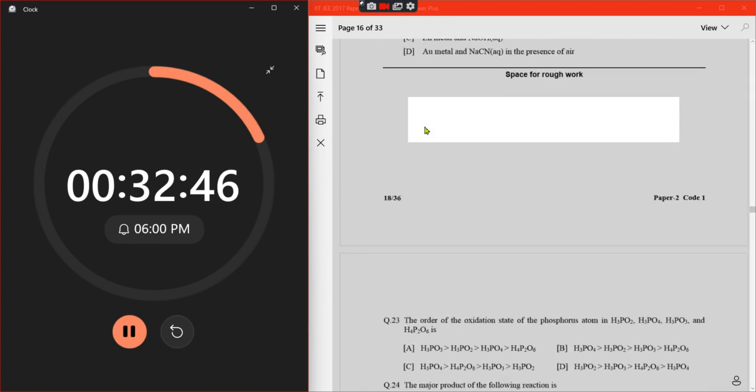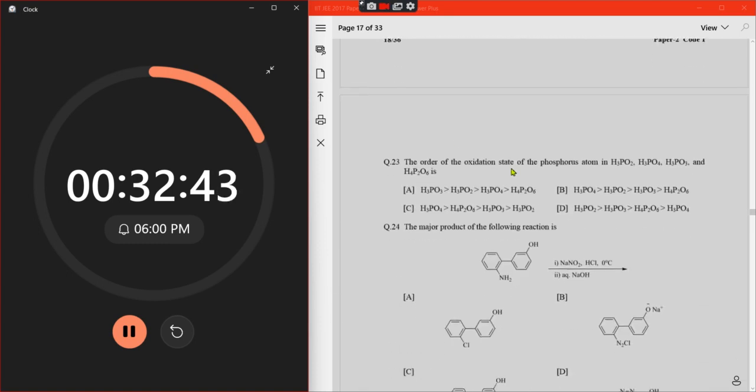क्या फर्क पड़ता है, जल्दी next question. The order of oxidation state of the phosphorus atom in H3PO2, H3PO3, H3PO4 and H4P2O6. ओके cool, ये तो easy हो जाएगा, right? Oxygen के लिए जस्ट 2 minus आने वाला है, और H में plus आएगा of course.